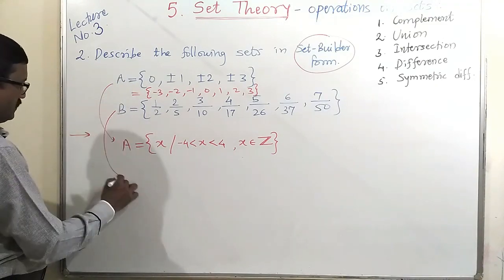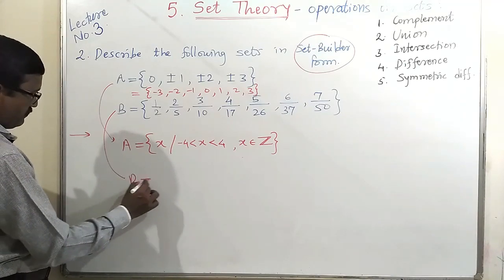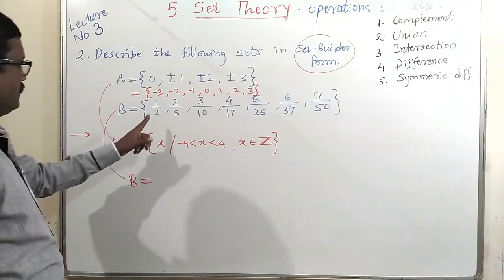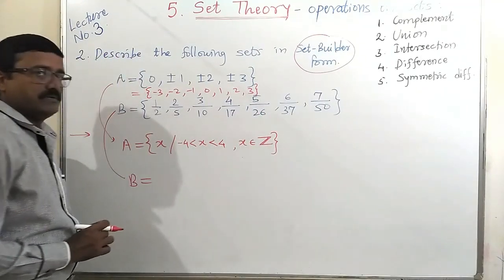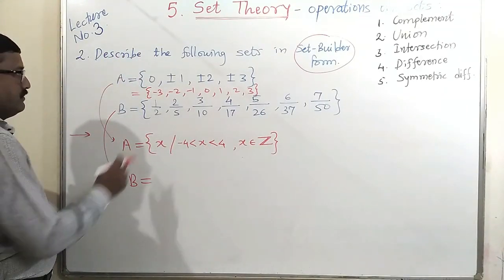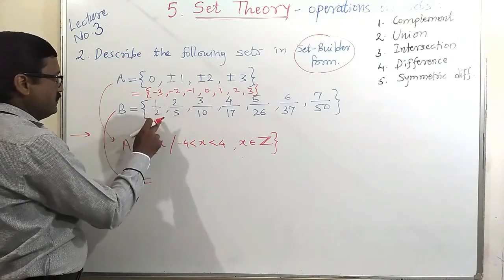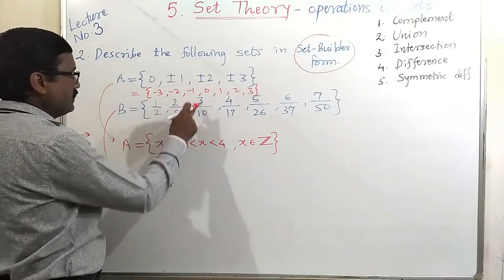Now let us try to write this B in set builder form. Here observe these numbers, these are 1, 2, 3, 4, means these are natural numbers up to 7 given. Below that, 1 upon 2, 2 upon 5, 3 upon 10.